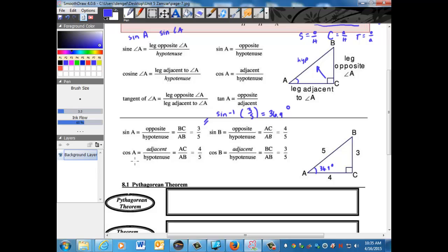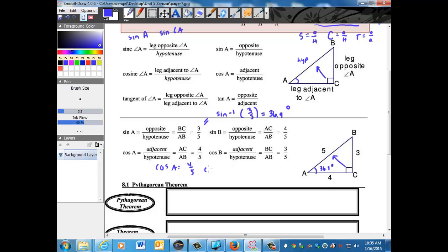Now let's do the same thing on cosine of angle A. From cosine of angle A, it's going to be the adjacent side, and we have two sides that are the same side as angle A, but recall that side 5 has to be hypotenuse because it's opposite our 90-degree angle. So that's why for the cosine of angle A, we get 4/5.